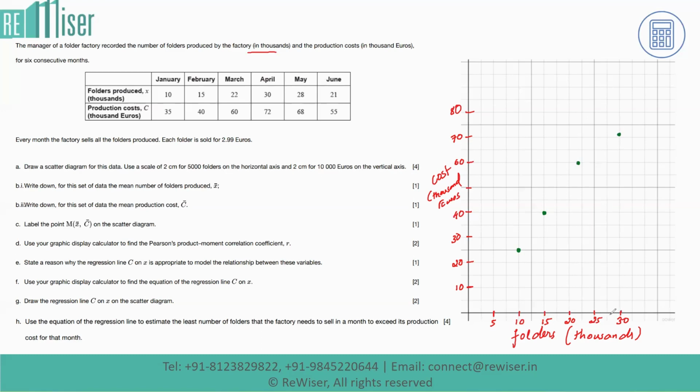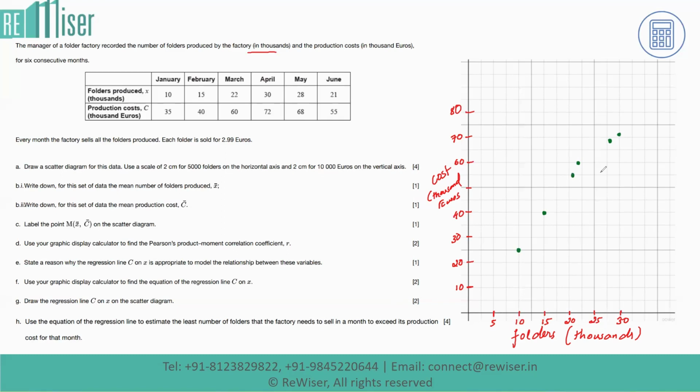So 28 would be here, and 68 would be somewhat like this. And finally, we have (21, 55). This is 20, and (21, 55) is here.